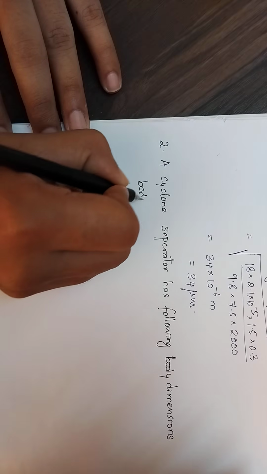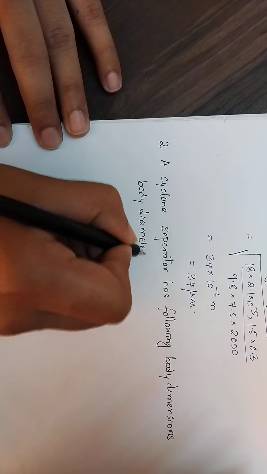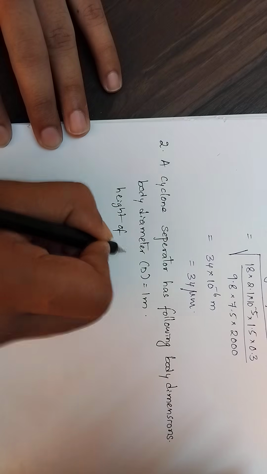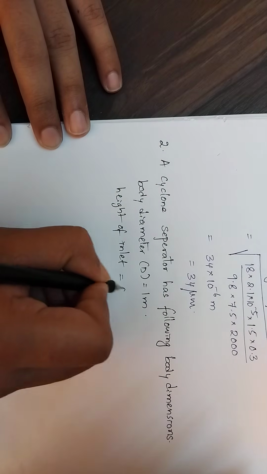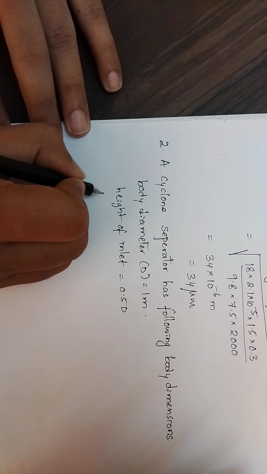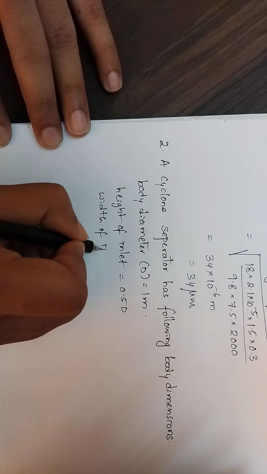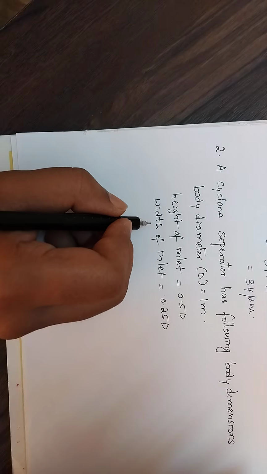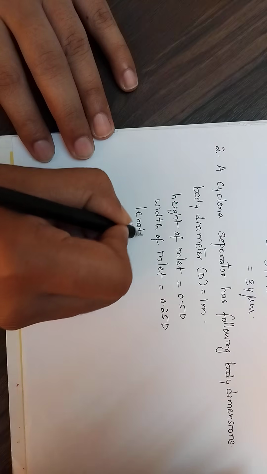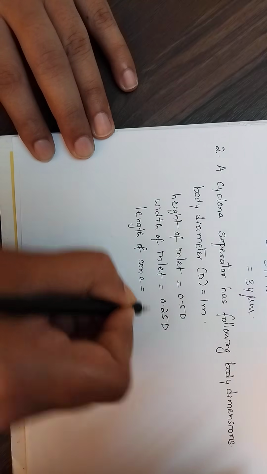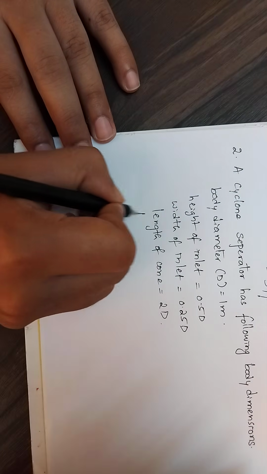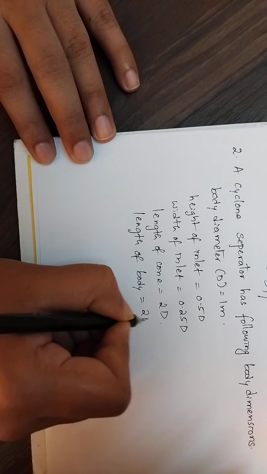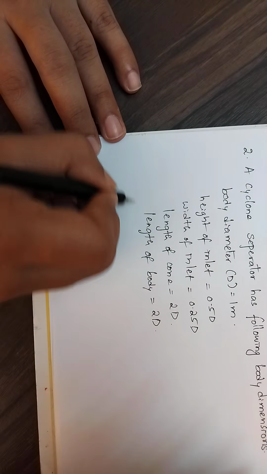Body diameter D is equal to 1 meter, height of inlet is equal to 0.5 d, width of inlet is equal to 0.25 d, length of the cone is equal to 2d, and length of body is equal to 2d.